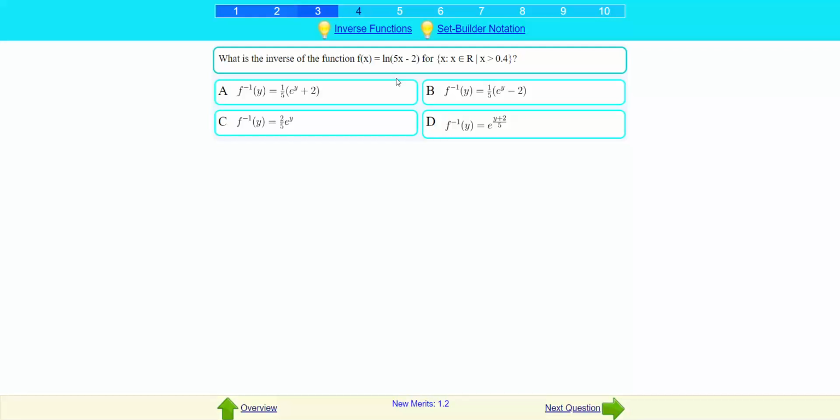It's definitely an e to the power of something. So these two are eliminated, and I'll be left with these. Like if you inverse it, ln to the power of inverse.